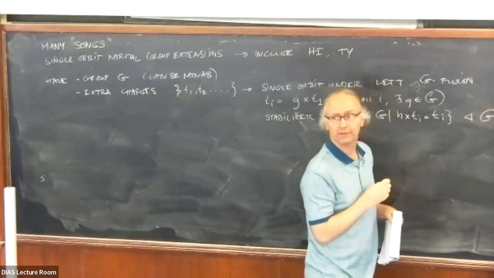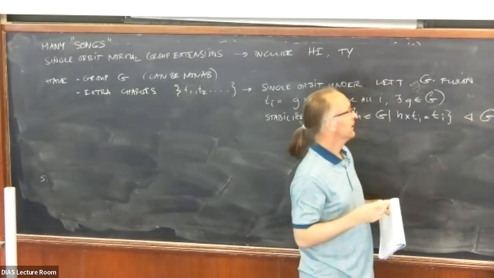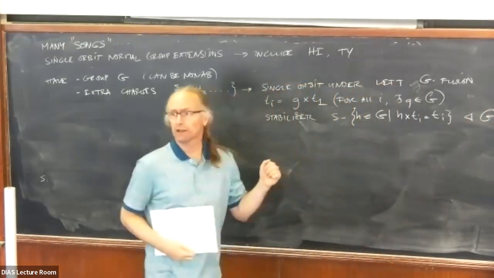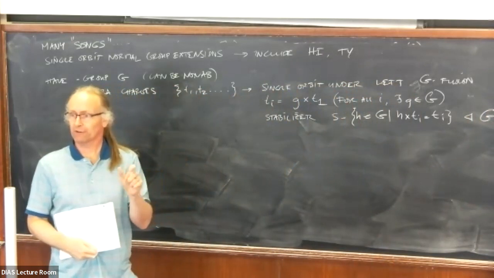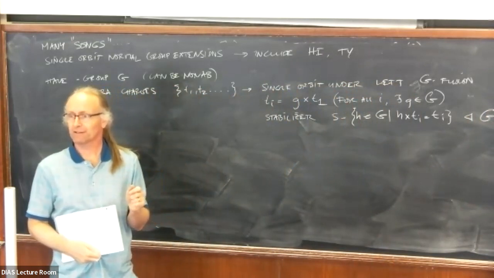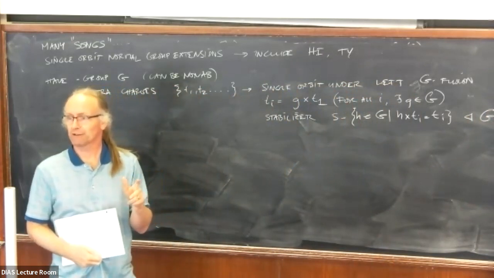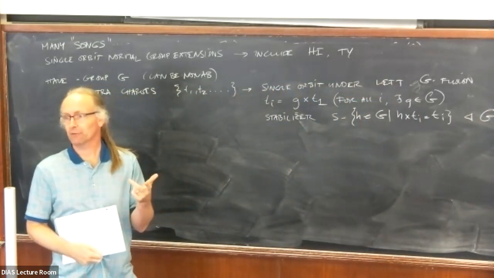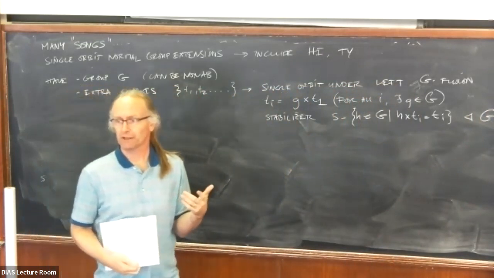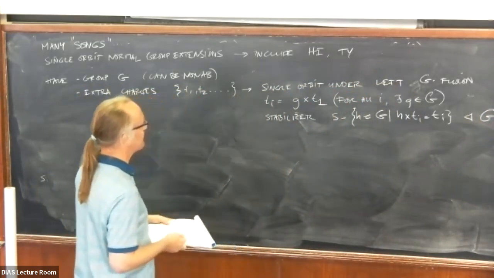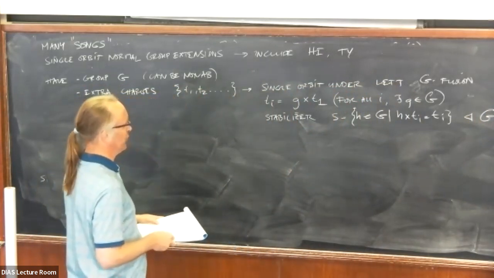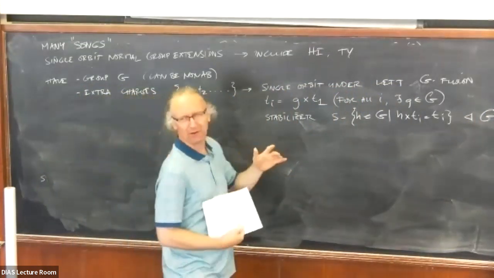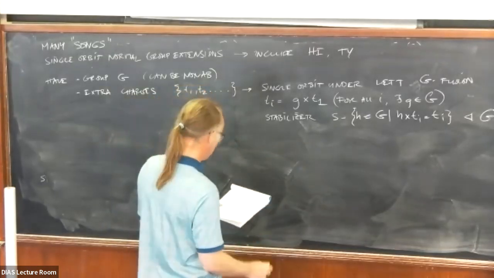Sorry, so it's not a stabilizer for a particular T_i, you said? Yeah, you pick one. It doesn't matter because they're all isomorphic. So if one of them is normal, they're all normal. But in fact, they might all be the same. I have to think about that.